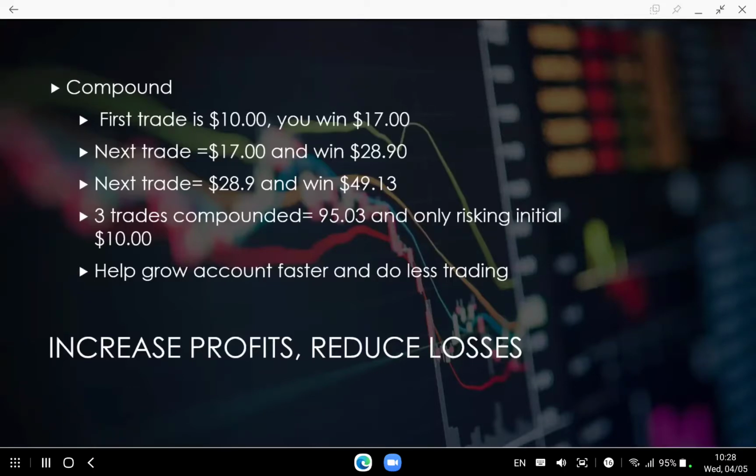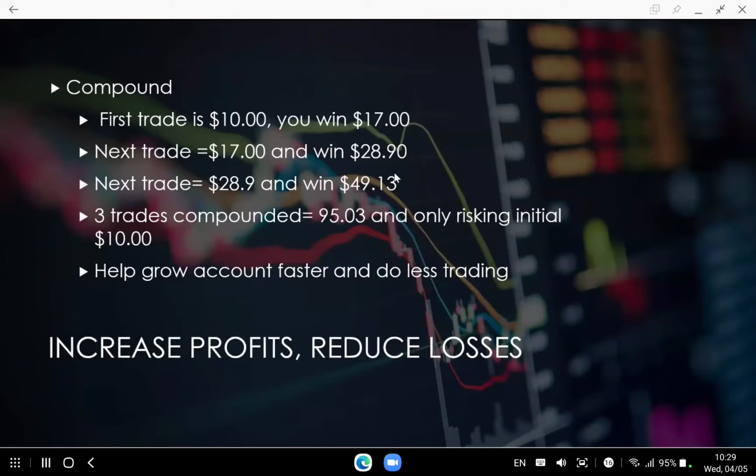So compounding, say your first trade's $10 at a 70% payout on that pair. So you get $17. Okay, you win 17. Next trade, instead of trading 10, it's going to be 17. You're just taking your winnings plus your $10 in for your next trade. So 17. You do that same pair, you win off of 70%.